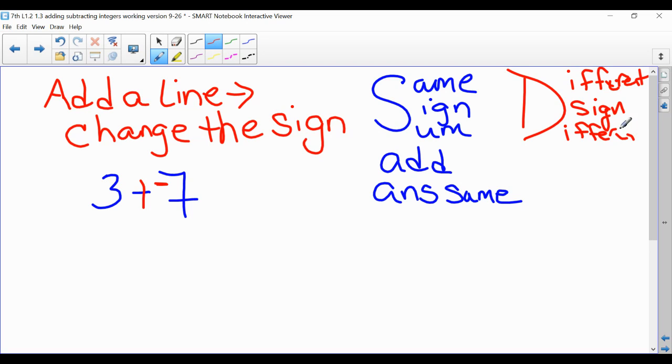Difference is a subtraction word. So that means we subtract, and the answer is the sign of the larger number.